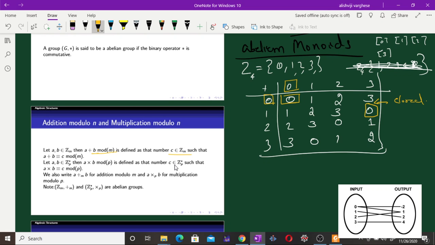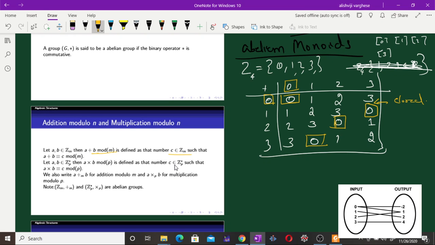Therefore the inverse of 1 is 3 and the inverse of 2 is 2, because here is our identity element, and here again we have the identity element. So the inverse of 3 is 1. So the inverse of 1 is 3, the inverse of 3 is 1, the inverse of 0 is 0, and the inverse of 2 is 2. All elements in Z4 have an inverse, and there is an identity element.